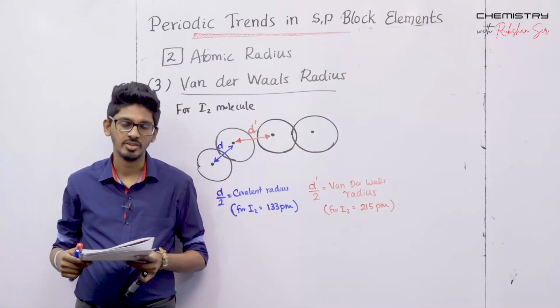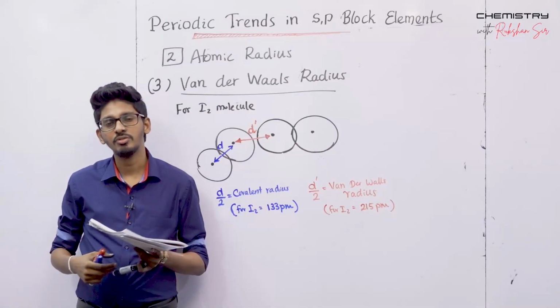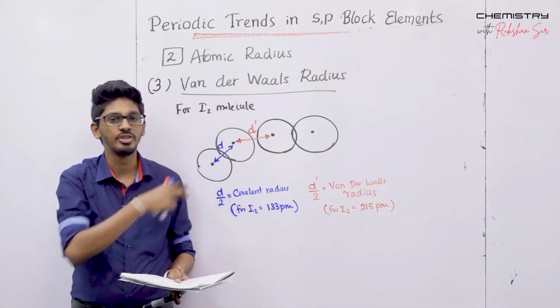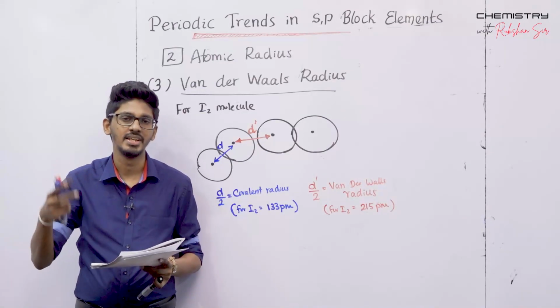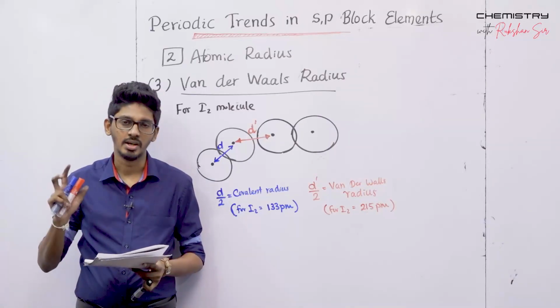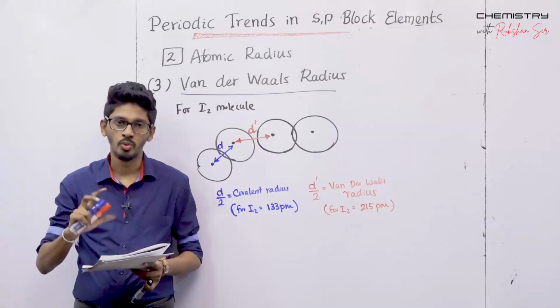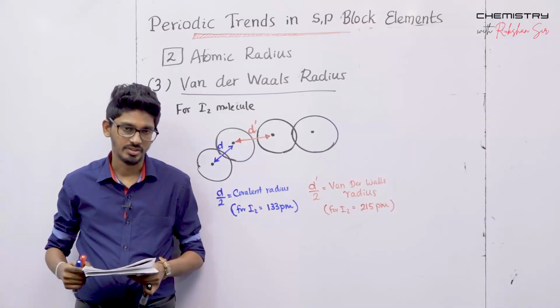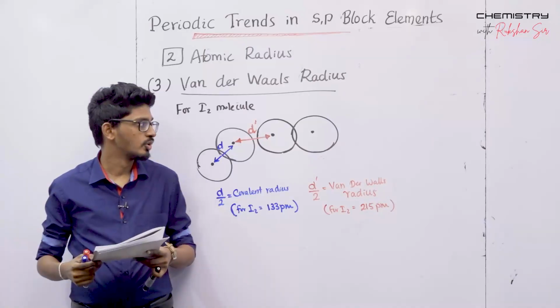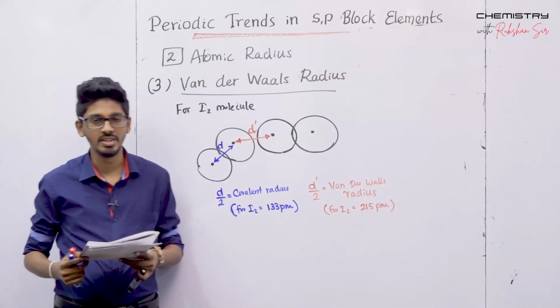For the metals, they have used the metallic radius concept. For the non-metals, they have used the covalent or the Van der Waals radius concepts. Basically, the average of those things.